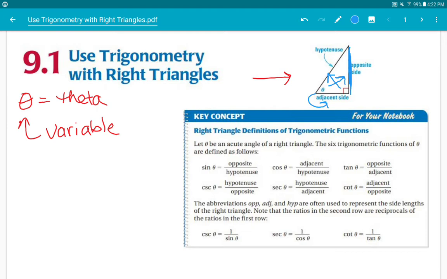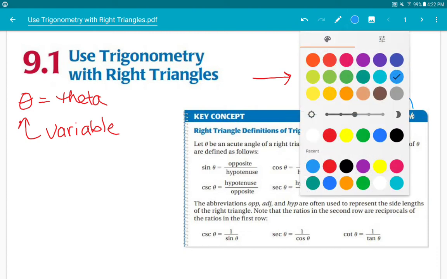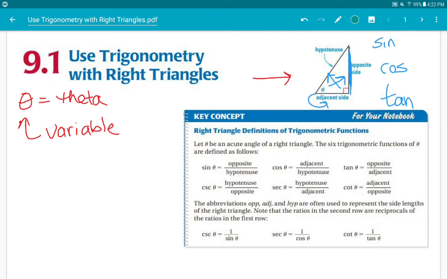Now, the three main ones that we've learned in the past were sine, cosine, and tangent. Those were all the same from when you learned them in the previous year, and those are the only three that you use. Now, what we're going to extend upon with that are these three here, and I'm going to write this in green.